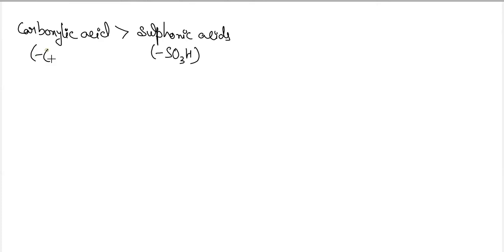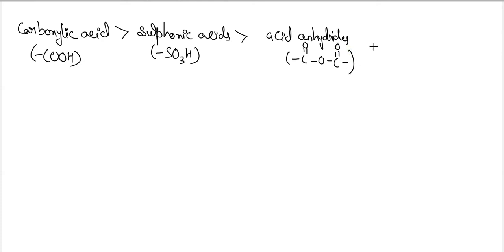Carboxylic acids means COOH. Then after that, acid anhydrides, that is COOCO.